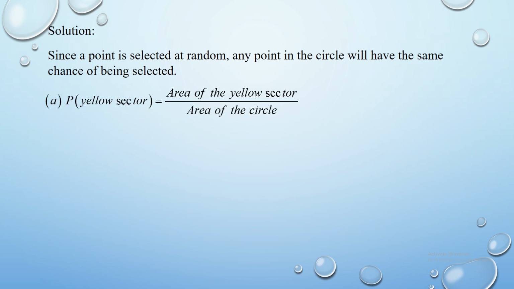I hope you all remember how to find the area of a sector. But here, as a simplification, we can write it as 180 degrees compared to 360 degrees. The answer we can present as a fraction 1/2, a decimal 0.5, or a percentage, 50%.